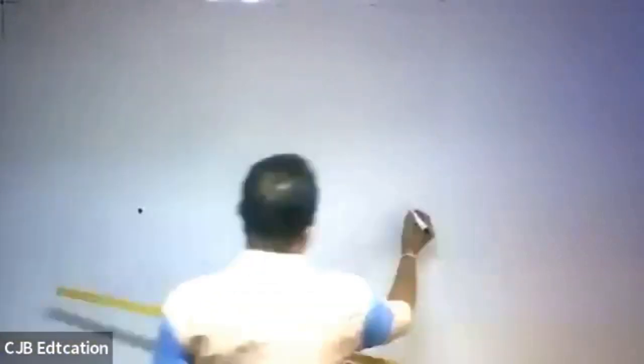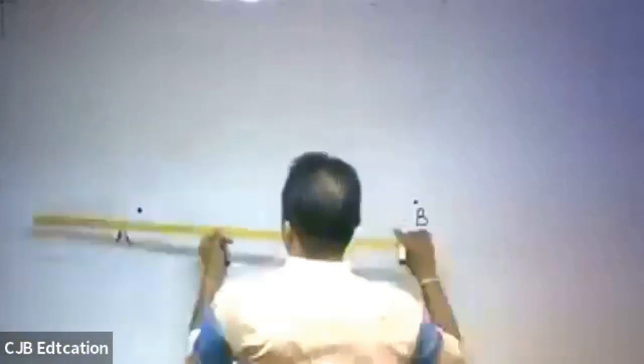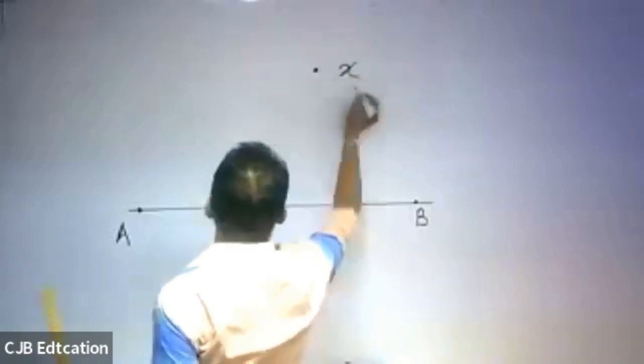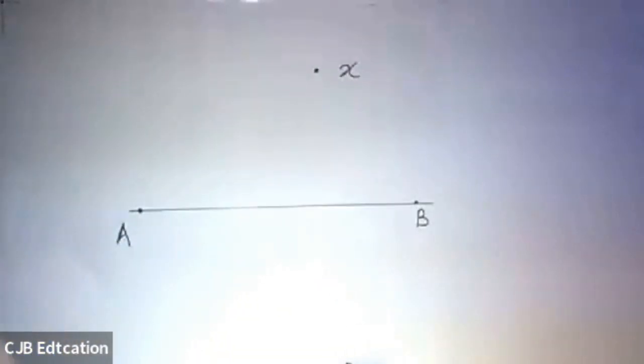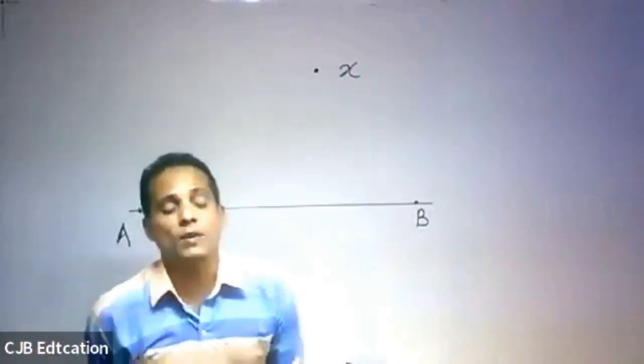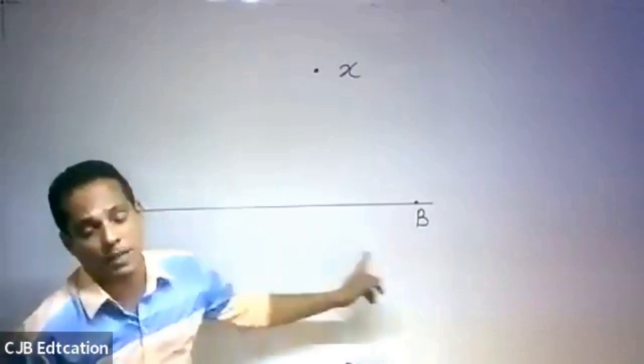So we see the given line as AB. They are given this AB line, and given that external point here as X. So we have to construct a perpendicular line to the given line AB.